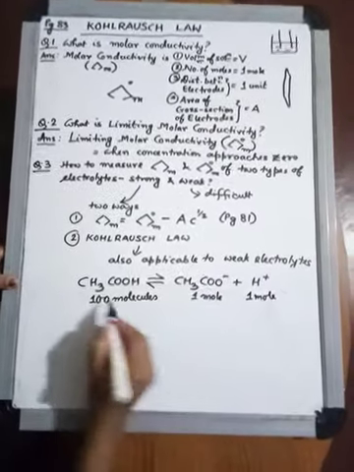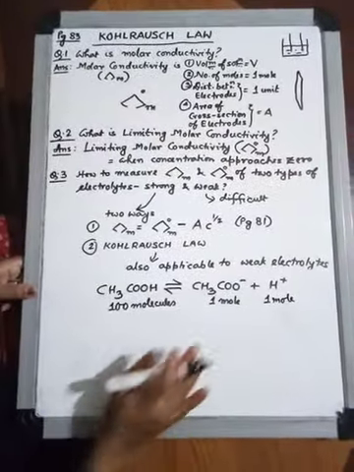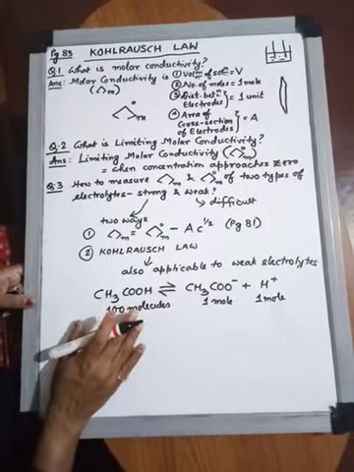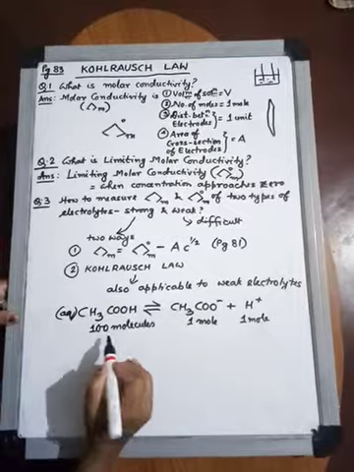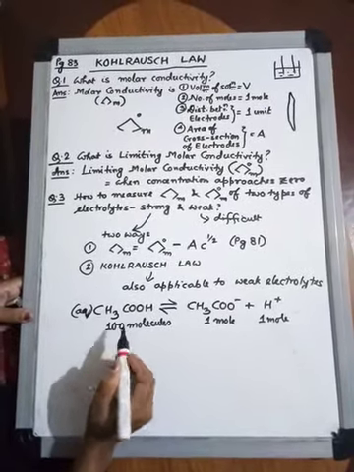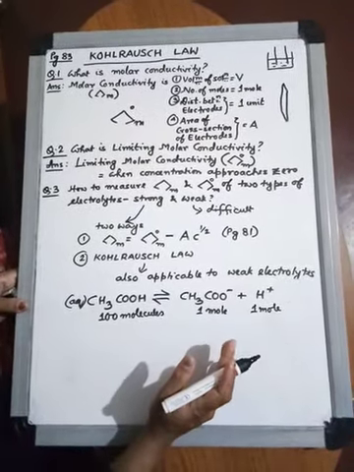So you can see that the amount which is dissociating is much less than the amount which is present when we are making the aqueous solution of this. So that's why it is a weak electrolyte. So there must be some other way also of calculating this.